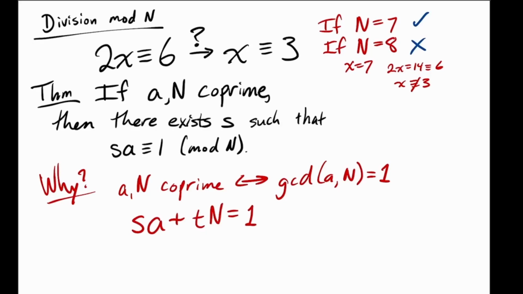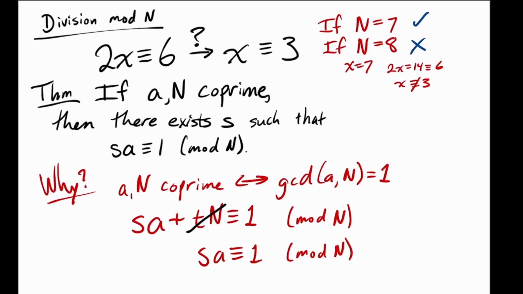If it's equal, then it's certainly also congruent to 1 mod n. And now what is n mod n? That's 0. So this term will cancel out. That's just adding 0. And I got exactly what I wanted, which was sa congruent to 1 mod n.